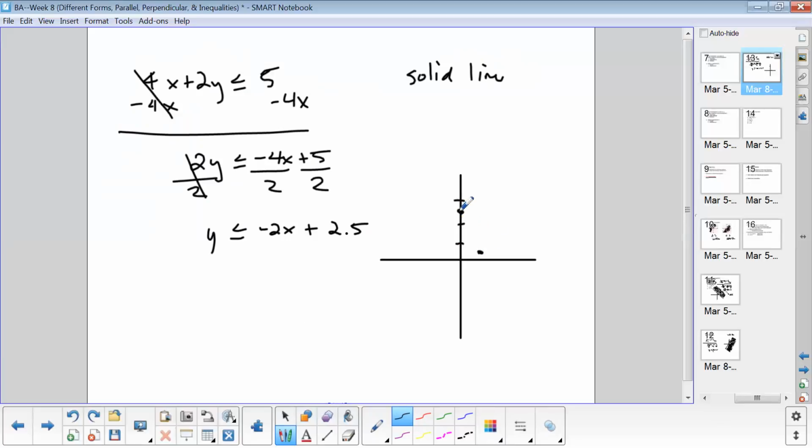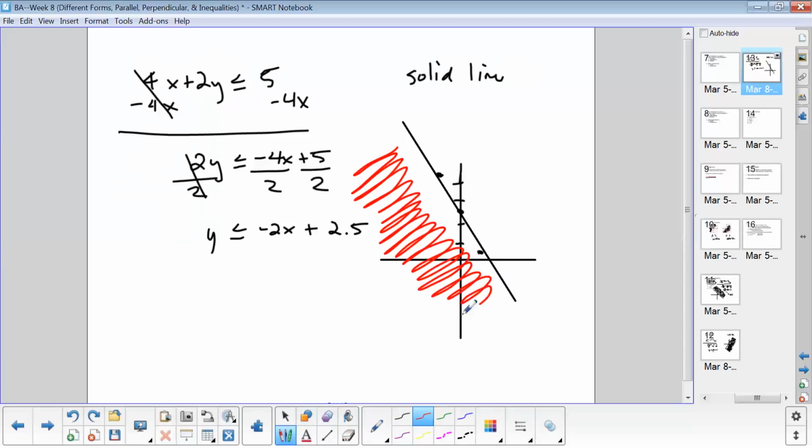I need to decrease 2, increase 1, or increase 2 and decrease 1. So it's going to be a solid line. And I want everything less than. So I want everything in this region less than the line.